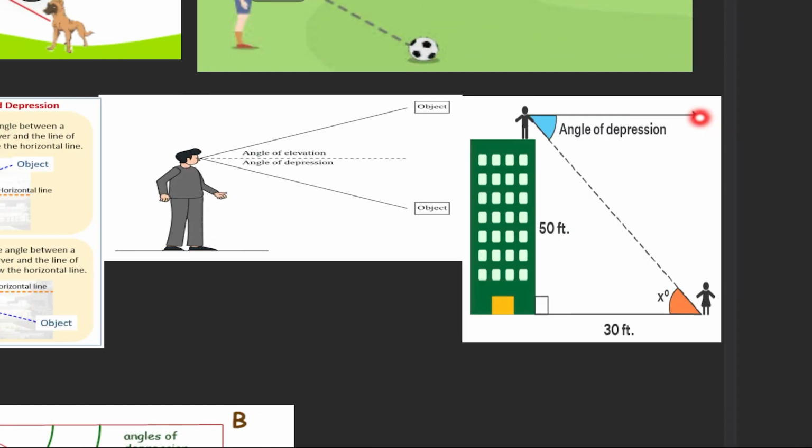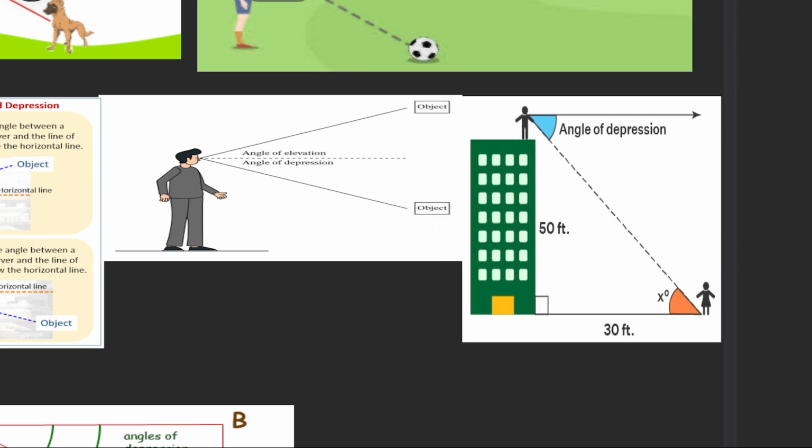We also call it the line of sight. So when he is looking below at the girl, the angle made by that view with this horizontal line, we call it angle of depression.